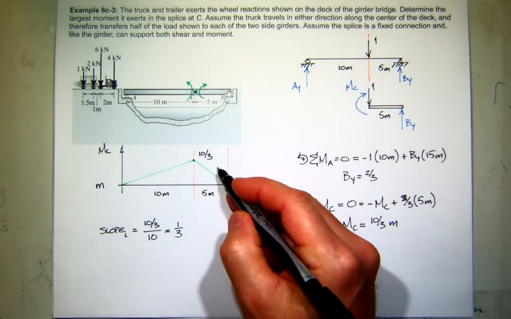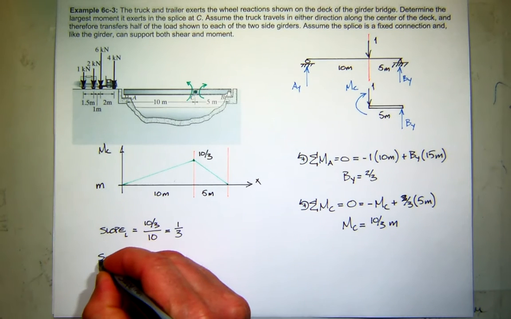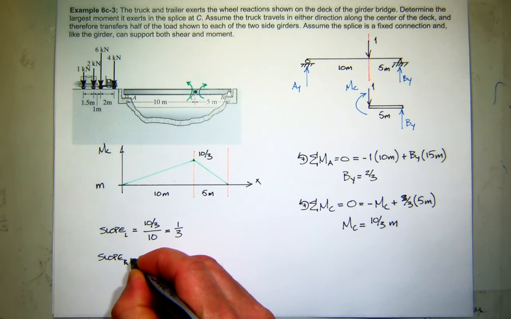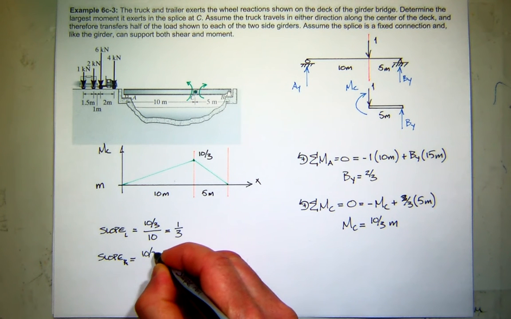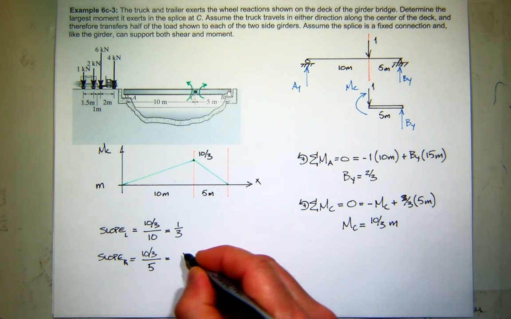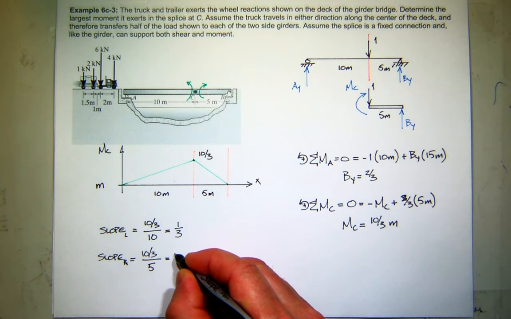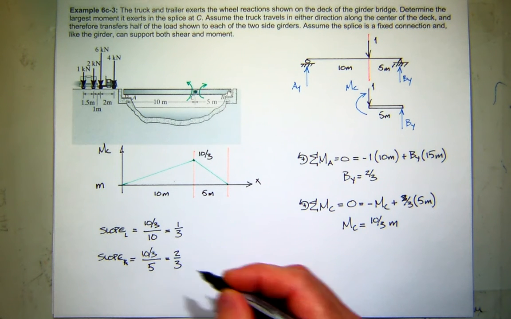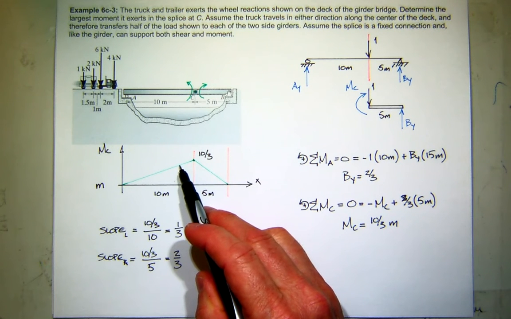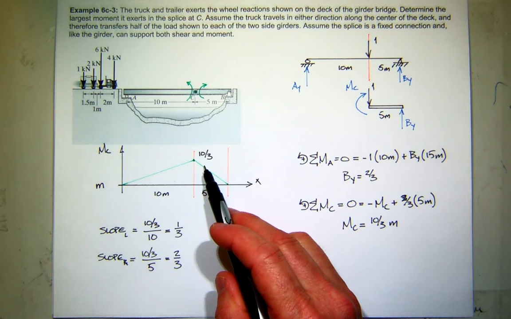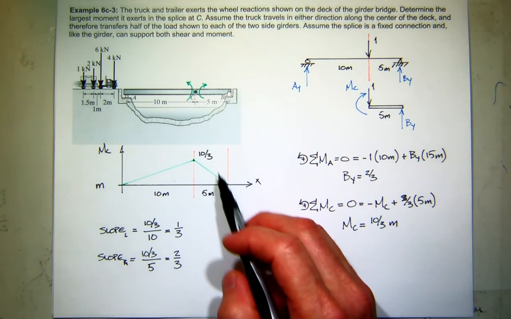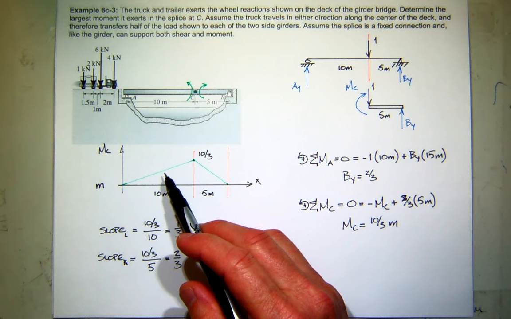What about on this side? On the right side, it still has a height of 10/3, but now the run is only 5. So that's 2/3, right? As you see, as you move 1 meter to the right, the value is going to be higher than 1 meter on this side. It's dropping off faster on the right-hand side than on the left-hand side.